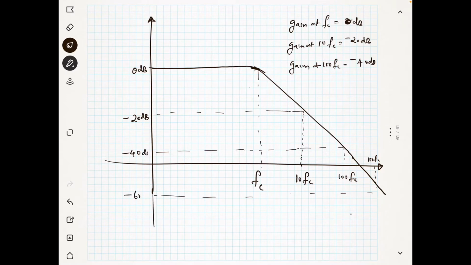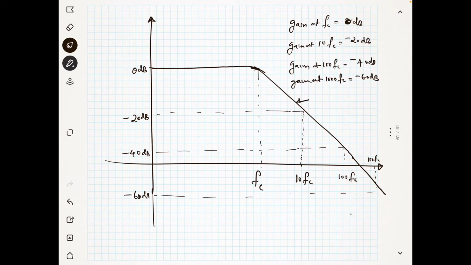All these are in dB. So you can see a characteristic like this. We can say that the gain is decreasing at a rate of minus 20 dB per decade.